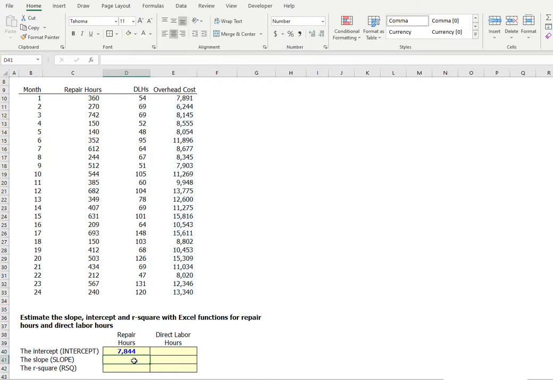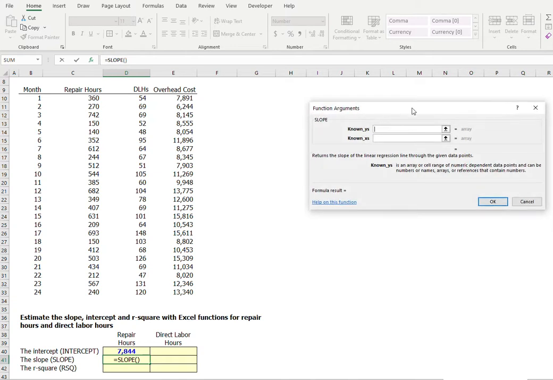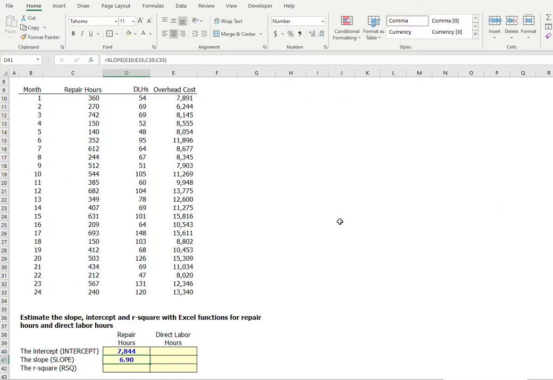For the slope, equals SLOPE, and again we can come up and hit the FX to pop up the function wizard, and that way we can highlight directly our overhead costs and now our repair hours, our known X's, and hit OK.